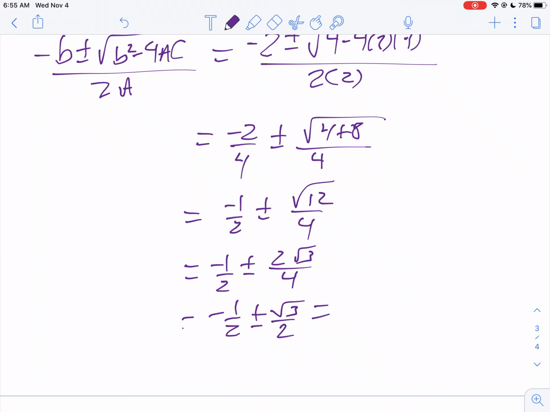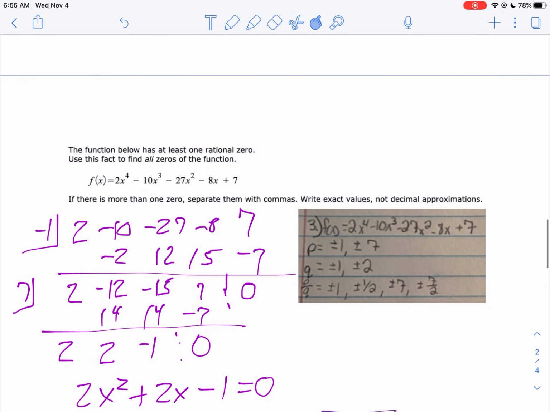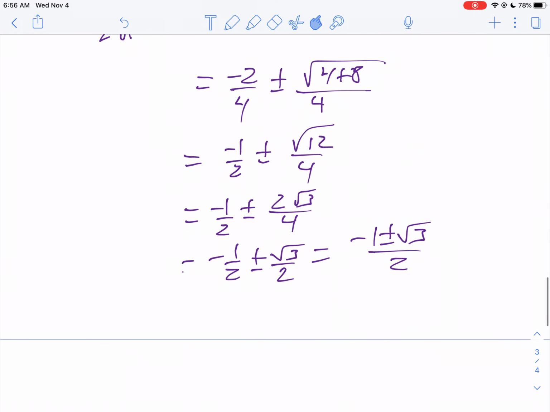Now, a lot of times you'll see that written as -1 plus or minus the square root of 3 all over 2. So we were supposed to list all the zeros. So in other words, our zeros are -1, +7, and -1 plus or minus the square root of 3 over 2.